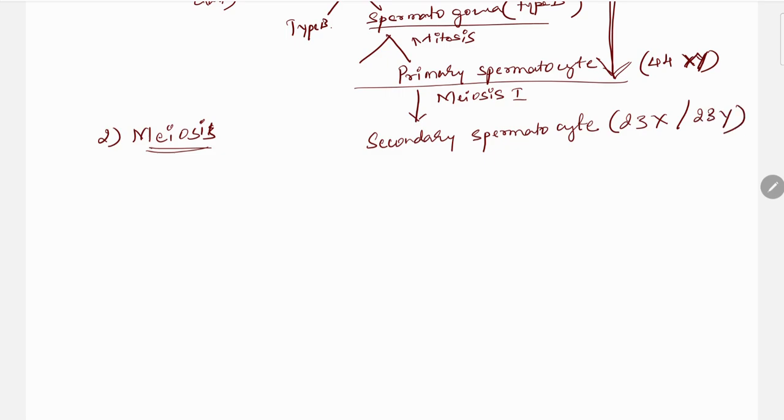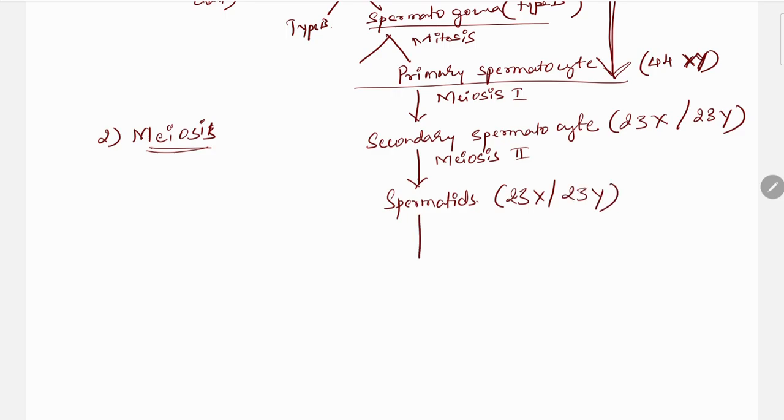Half the number of chromosomes. Next, meiosis 2 is going to happen. Then the spermatids are going to form. Here also they have 23X or 23Y chromosomes, right?